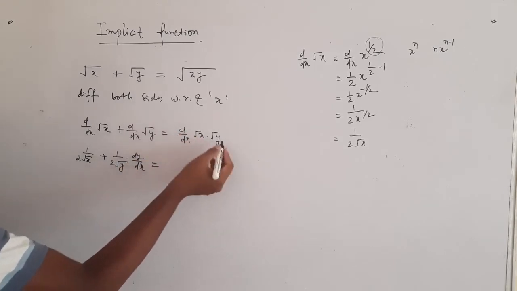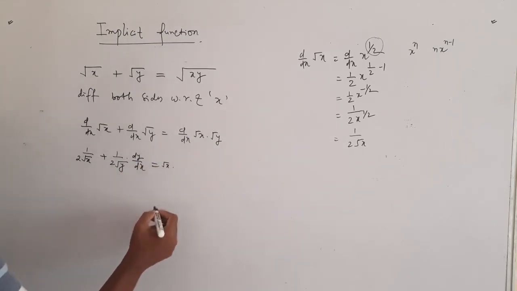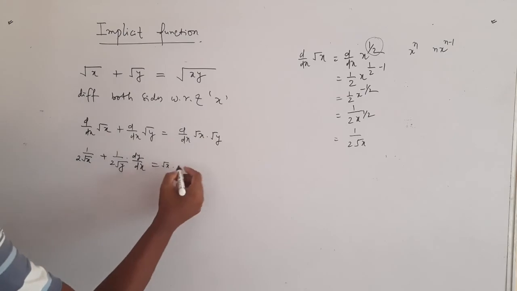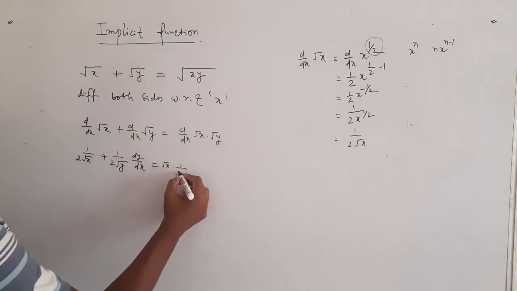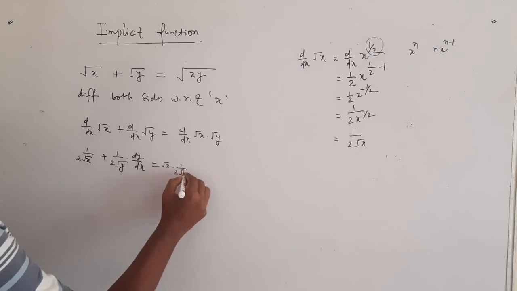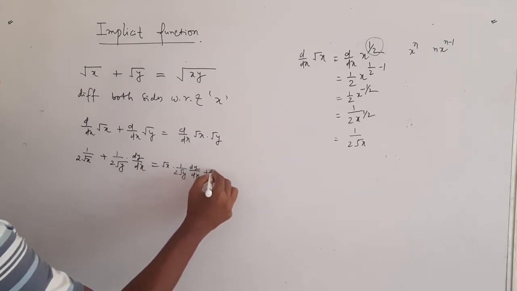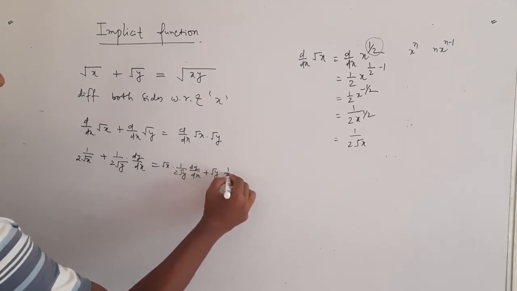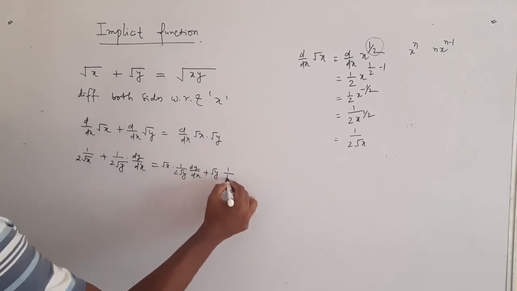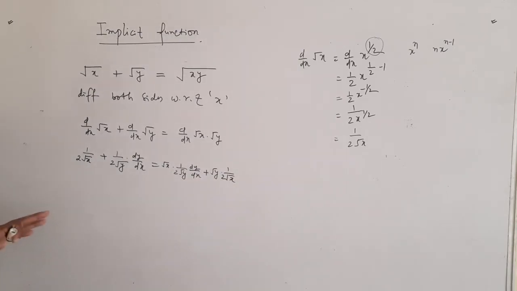Now this is a product of two functions. So keep one constant, root x constant. Then you find the differentiation of root y, that is 1 by 2 root y dy by dx, plus keep root y constant, and then the differentiation of root x is 1 upon 2 root x. Now keep the dy by dx together.